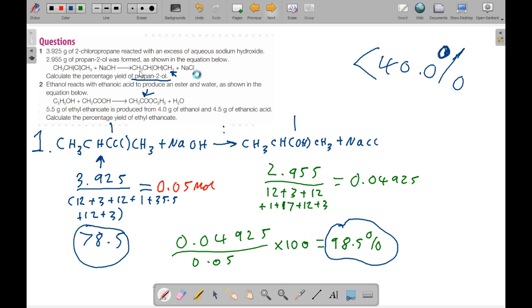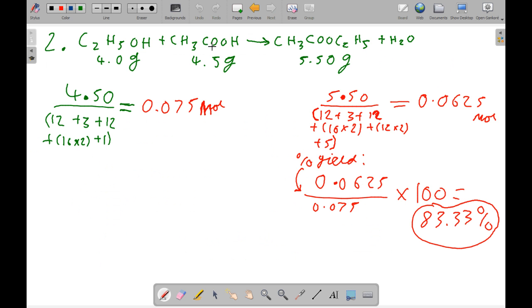So if we look at number 2, 4.5 grams of ethanoic acid, 12 plus 3 plus 12 plus 16 times 2 plus 1. Again, I will write the molar mass down, so not 13, 3 plus 12 plus 16 times 2 plus 1 is 60. Yep, 60. And that gives us 0.075 moles.